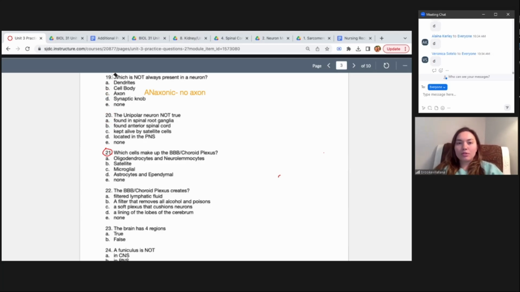Good. Astrocytes and ependymal cells, right? Together, those two make up the blood-brain barrier or the choroid plexus.